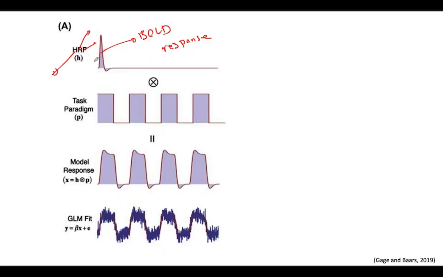It's called HRF. It started with a stimulus, and we discussed that there is something like a 6 second gap between that stimulus and that hemodynamic response. Then we have a task presentation. So for example, here we show people, let's say, angry faces.